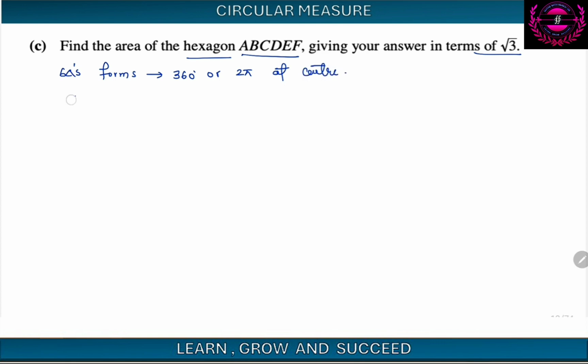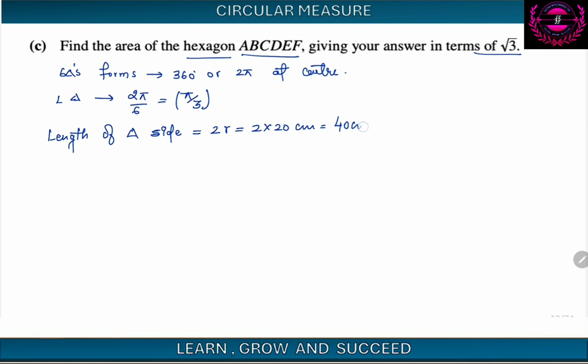So one triangle forms 2 pi divided by 6, which is pi by 3 at the center. The length of the side of the triangle adjacent to this angle is 2r, which is 2 into 20, 40 centimeter.